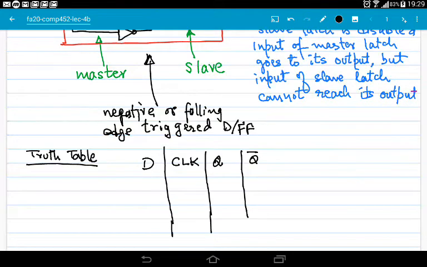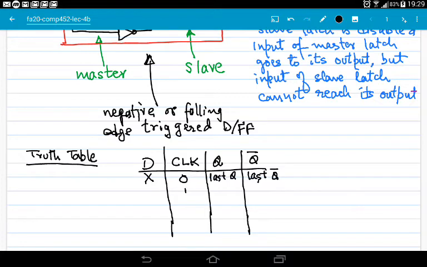Okay, so these are our inputs and outputs. When CLK is 0, it doesn't matter what the value of D is, Q will be last Q and this will be last Q bar.